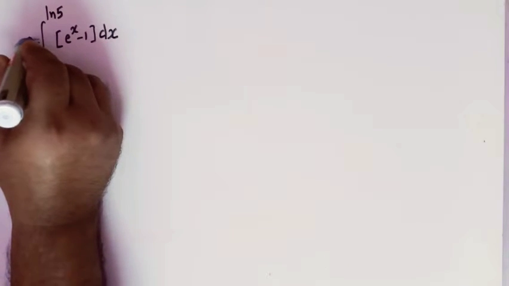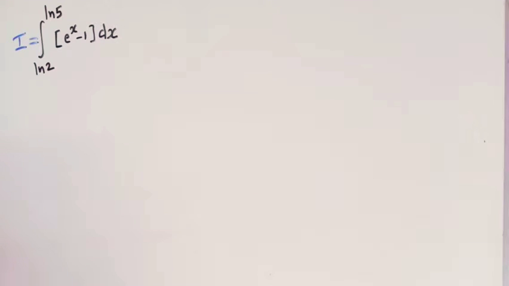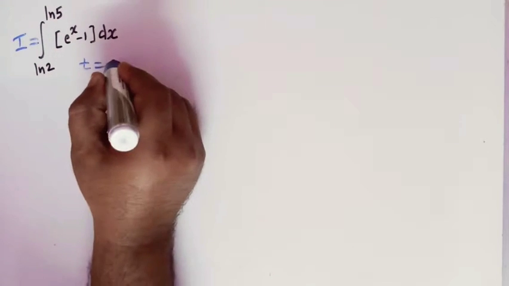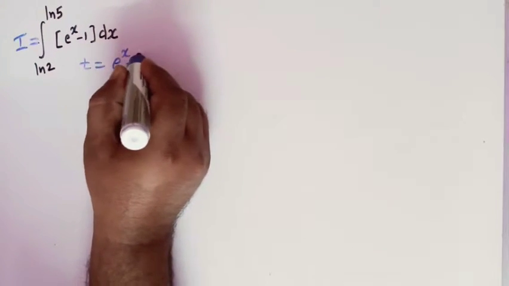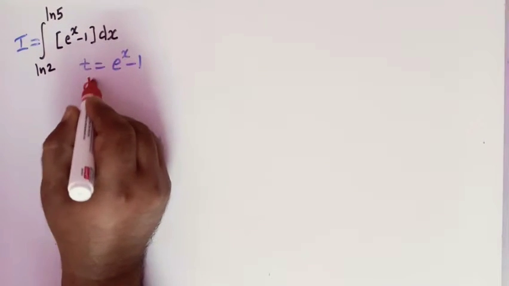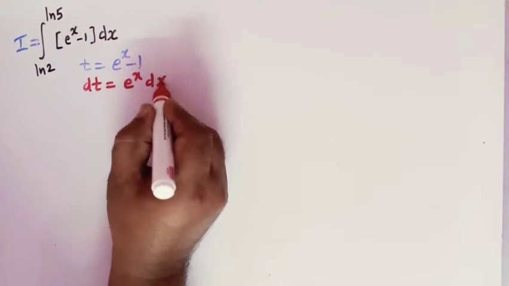So let us start. Let us first denote this integral by I, and here we'll make use of the substitution method to solve this integral, right? So let us substitute t is equal to e raised to x minus 1. So now t is equal to e raised to x minus 1, so dt is equal to e raised to x dx, right?